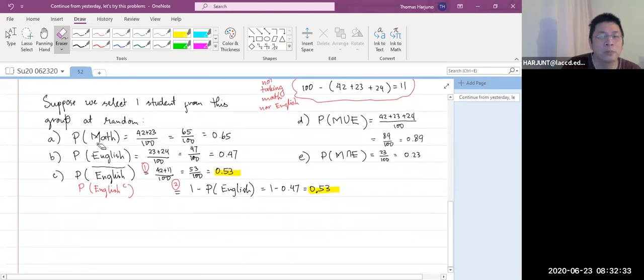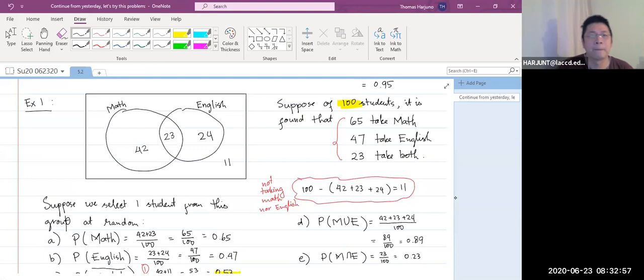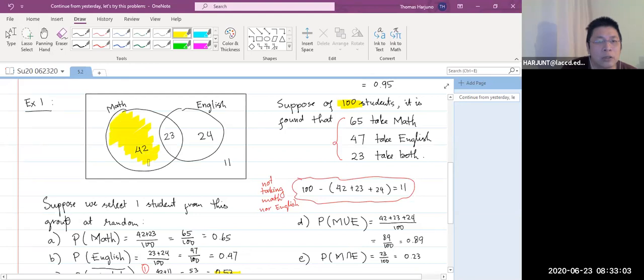For example, part F. What is the probability that when you select one person at random, that person takes math, but not English? That person takes math but not English, refers to this part here, right?